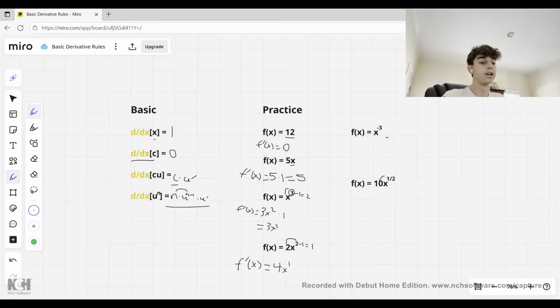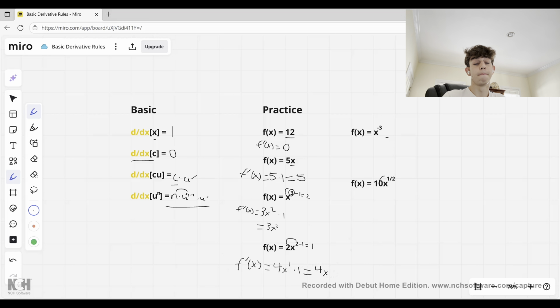So you get your 4x to the power of 1 times u prime, which is just going to be 1. So you're going to get 4x to the power of 1 times 1, which the power of 1 doesn't affect your equation, and times 1 doesn't affect it. So you're just going to get 4x.